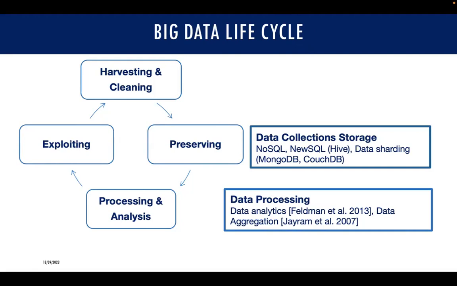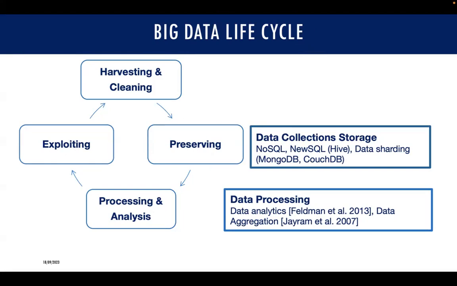And this is an important phase also because new data is produced as a result of these processes, and these data feed the initial collection. Okay, so every time you go through this life cycle, you might be feeding the initial data collection with new data.